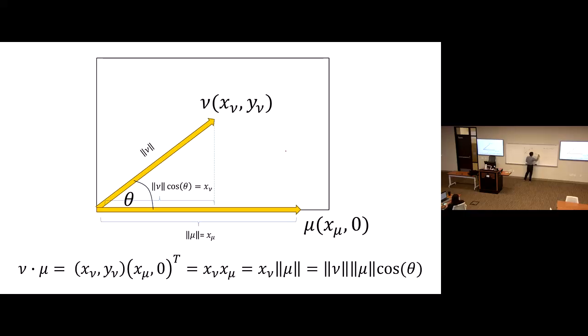This will be this times that, plus y_v times 0.